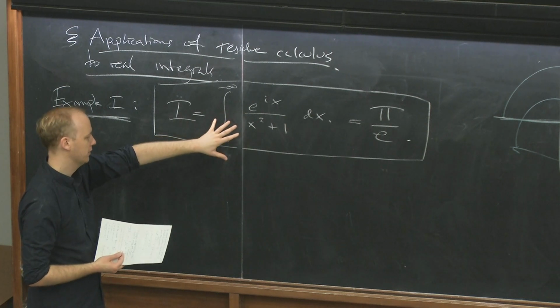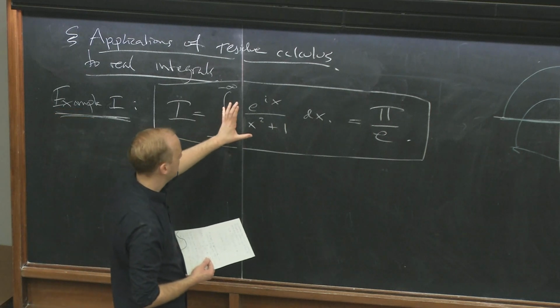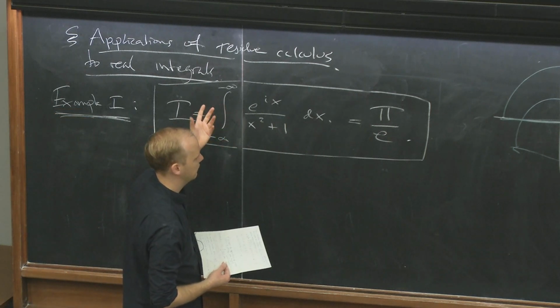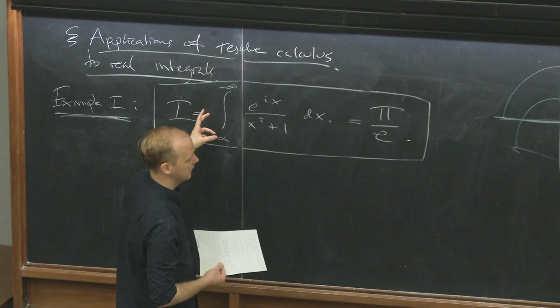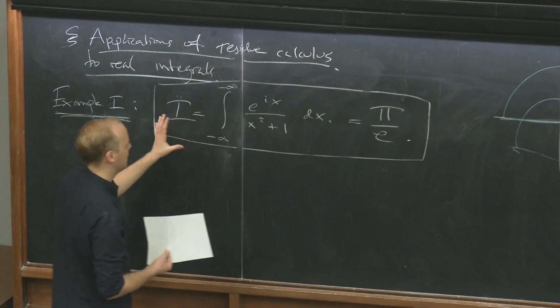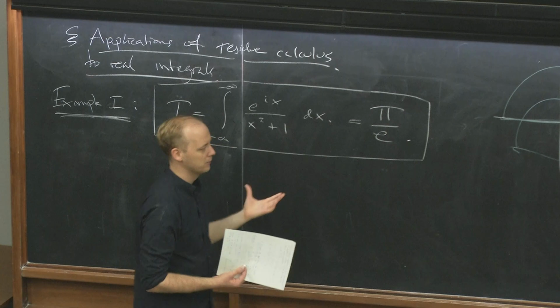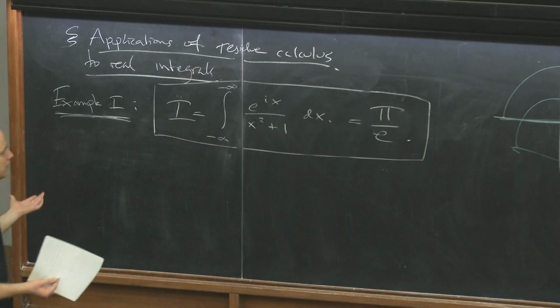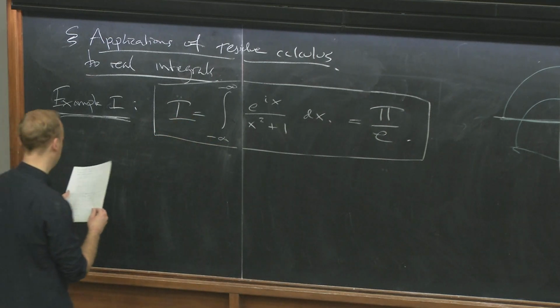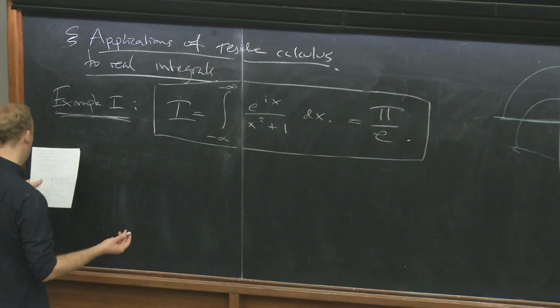And it's a Fourier transform, actually, of a suitable function. But the point is that this cannot be evaluated with just standard first-year methods in calculus, right, from real analysis. So this is really something where it makes some sense to try and apply the residue theorem to these things where they cannot be evaluated by simple other methods. But using the residue theorem, it's not hard.